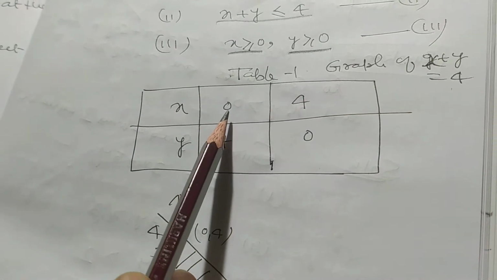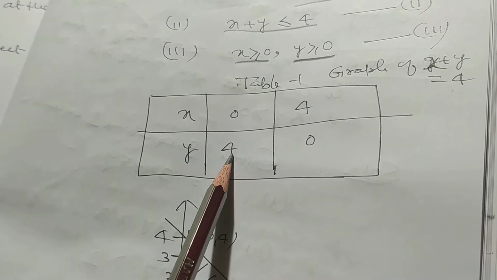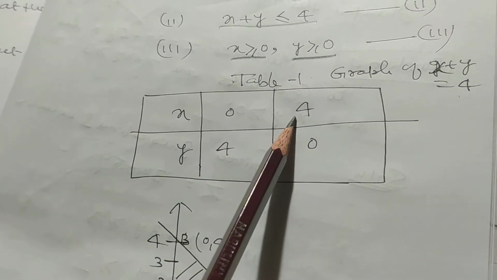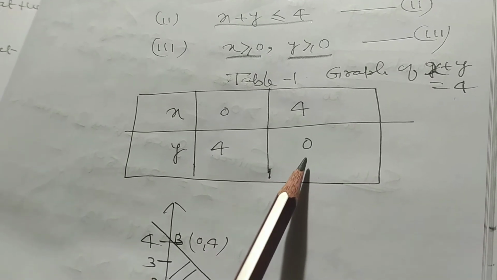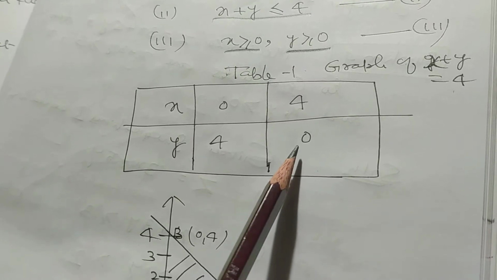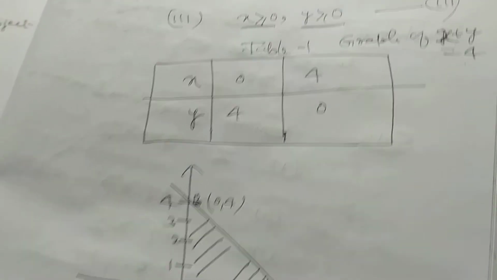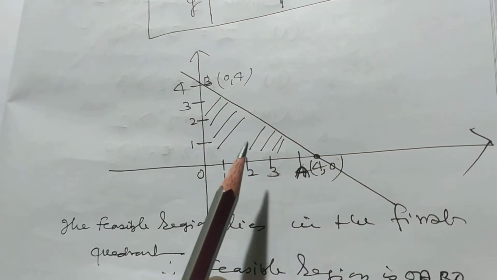Now if x is equal to 0, y is equal to 4, and x is equal to 4, y is equal to 0. So my dear student, here we draw the graph of equation 2.